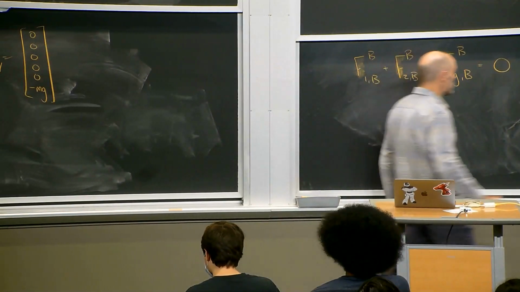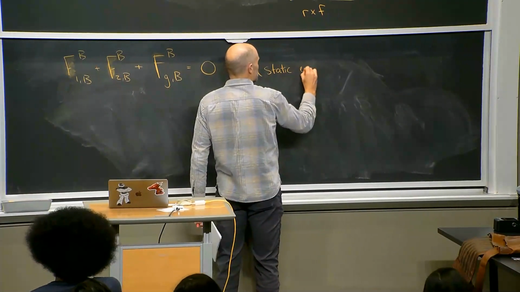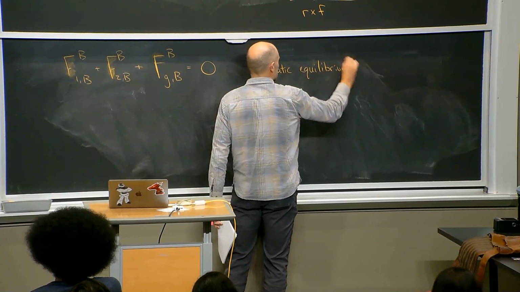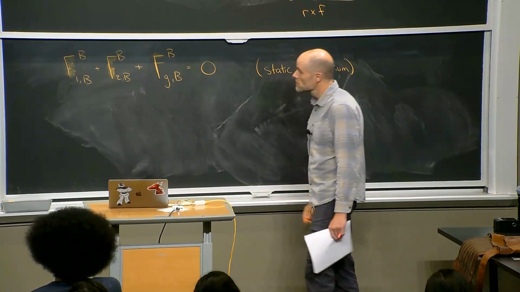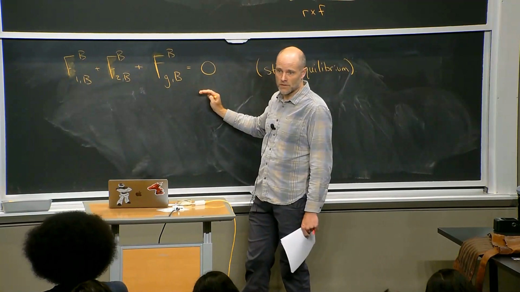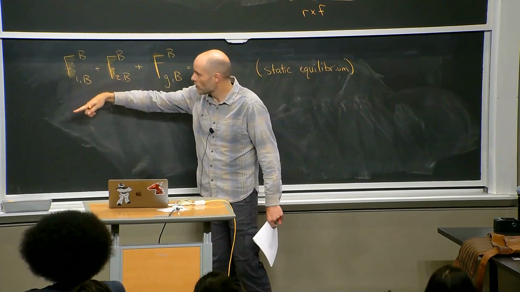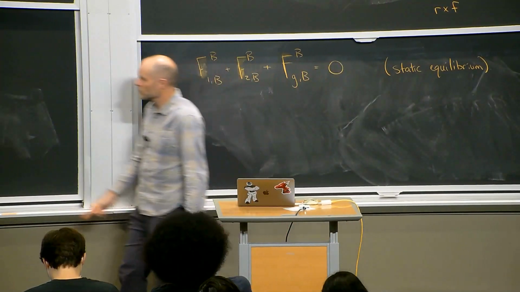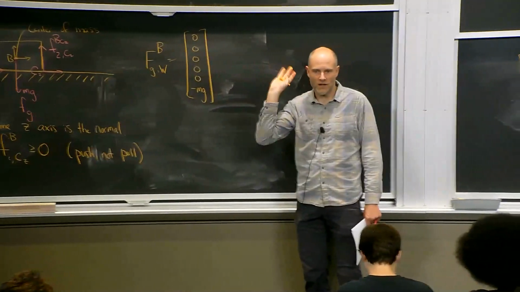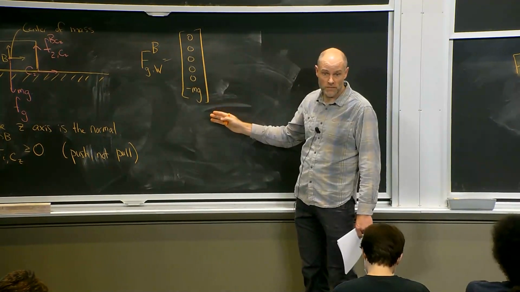It says I'm in static equilibrium. Okay, so that's 6 equations in its full glory. One for each row of those, right? In 2D, I guess you could say it's 3 equations because there's nothing out of plane that would make any difference. But in 3D, it's 6 equations.